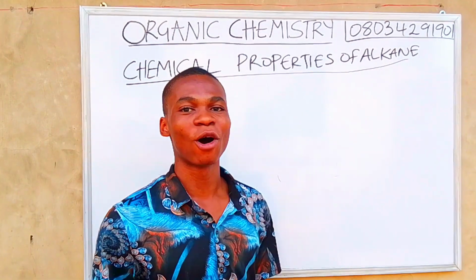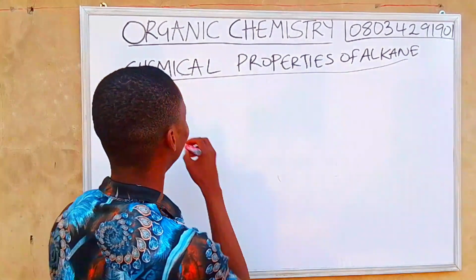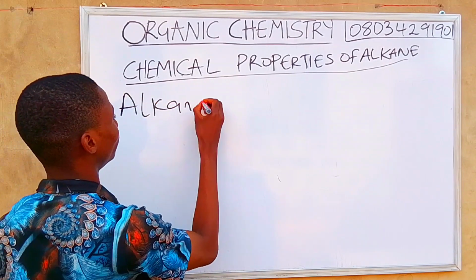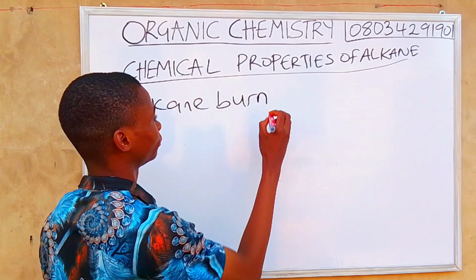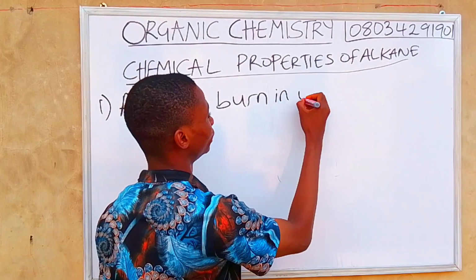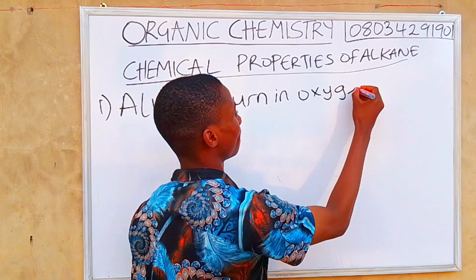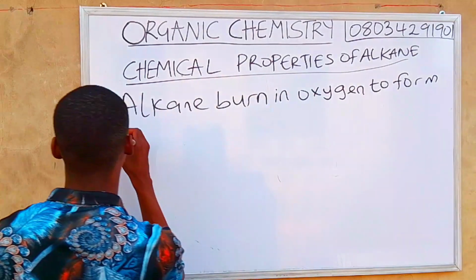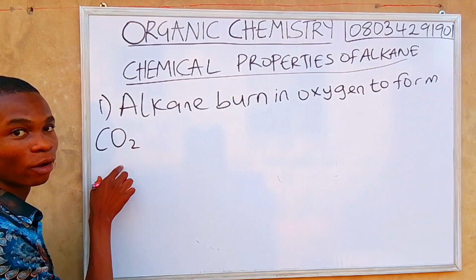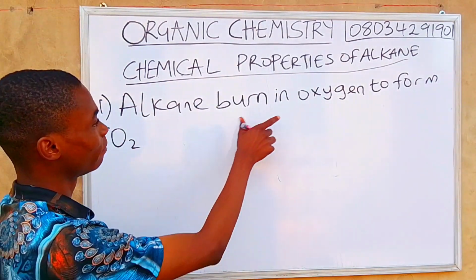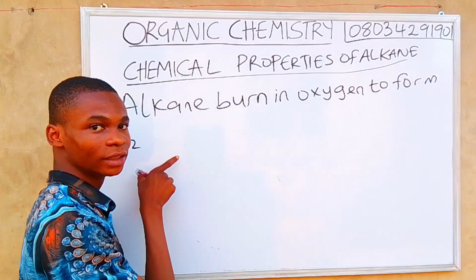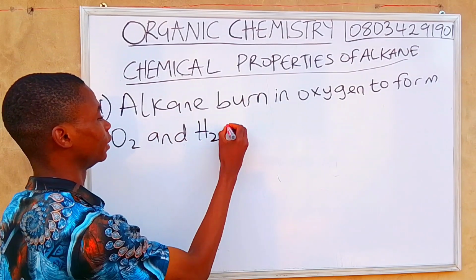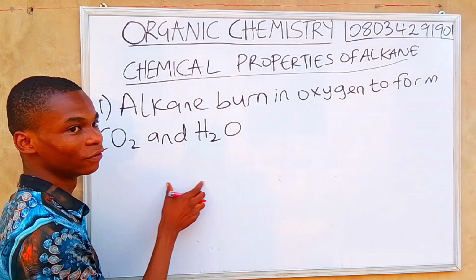Chemical properties of alkane. So first, alkane burns in oxygen to form CO2. CO2 is carbon dioxide. Alkane burns in oxygen to form CO2 and H2O. So let me write out the formula.